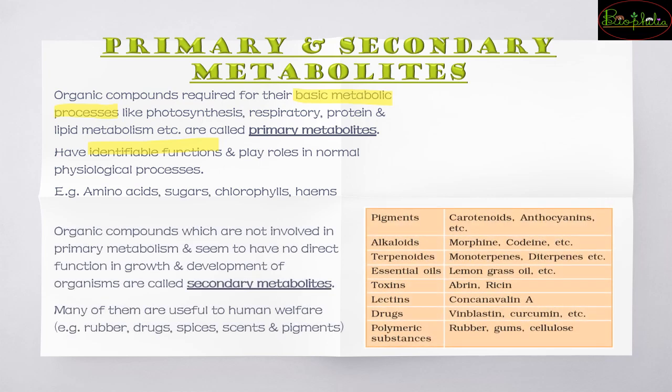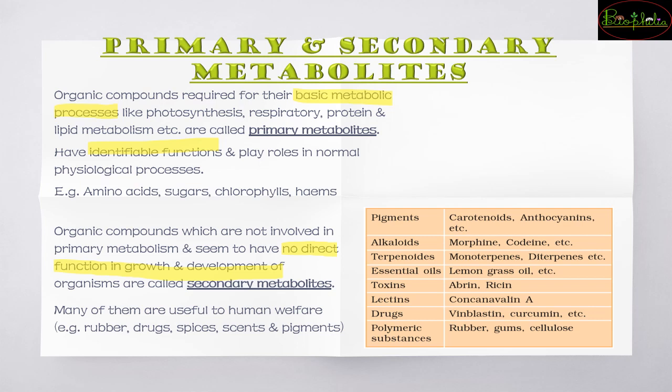But the secondary metabolites are the organic compounds which are not seen in primary metabolism. उनका कोई direct function नहीं है in the growth or development, but these are still useful for human welfare. For example, rubber. So the plant is forming rubber as a secondary metabolite. It is not utilizing rubber for its growth or development, but humans are utilizing that byproduct for their welfare. जैसे रबर से रबर टायर बनाया, या drugs होते हैं.